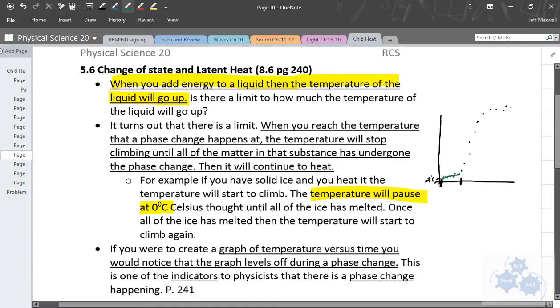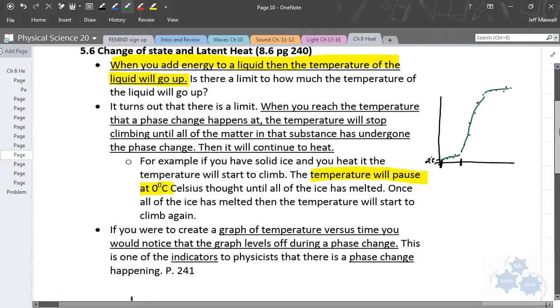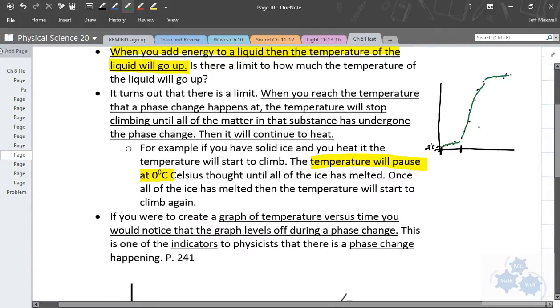It didn't move too much, did it? When the snow was completely melted, there was a sharp change in temperature. And this is exactly what we would expect. The temperature goes up, but at the phase change, we noticed that the graph sort of leveled out a little bit. And most of your graphs looked something just like this.